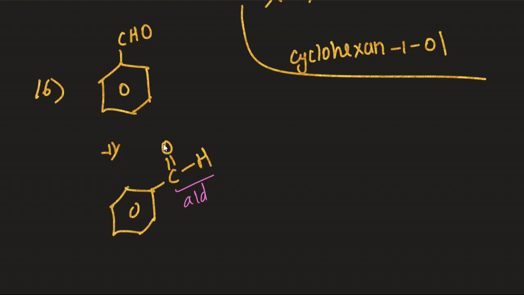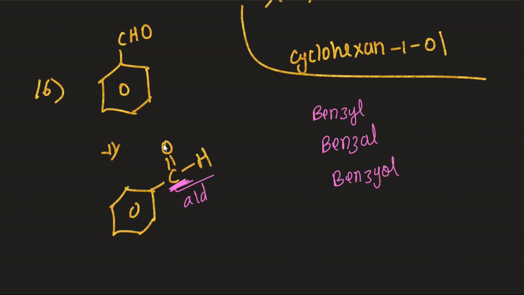In the introduction class, I taught you about benzene with the carbon attached. There are total 3 terms. What are those 3 terms? Benzyl. Next, benzal. Next, benzoyl.